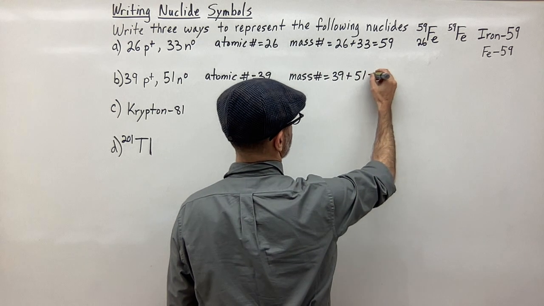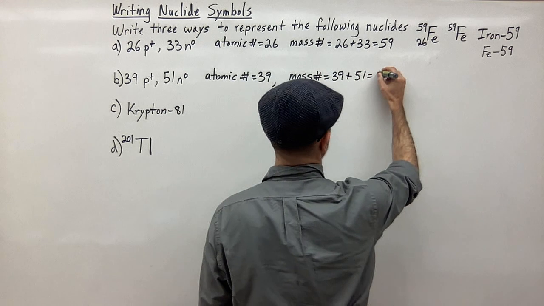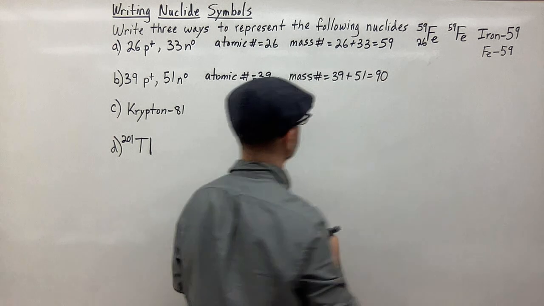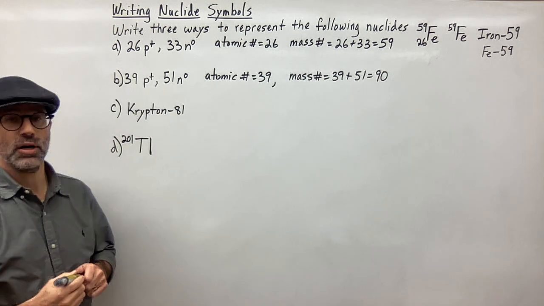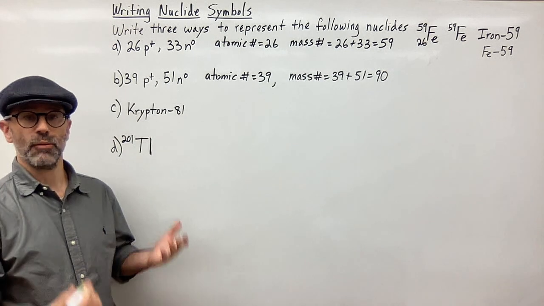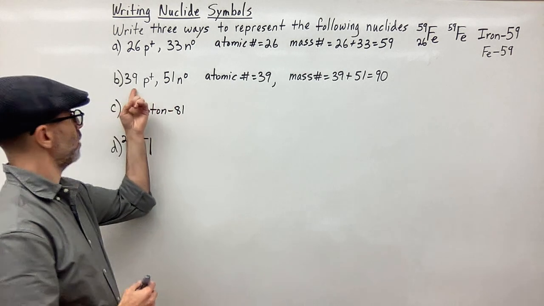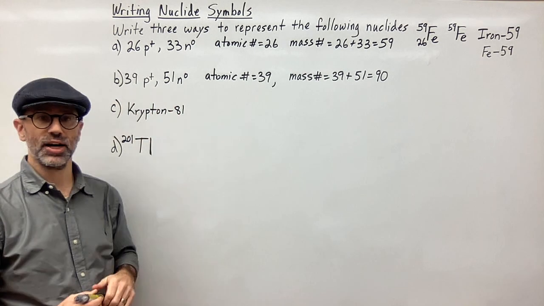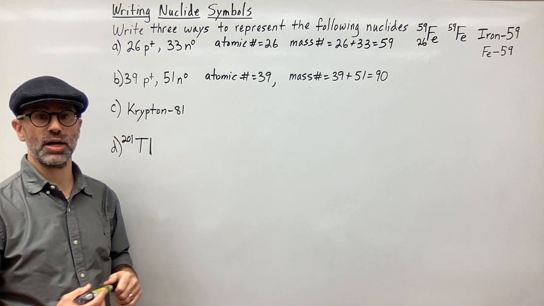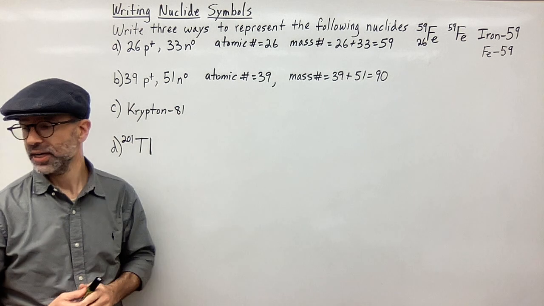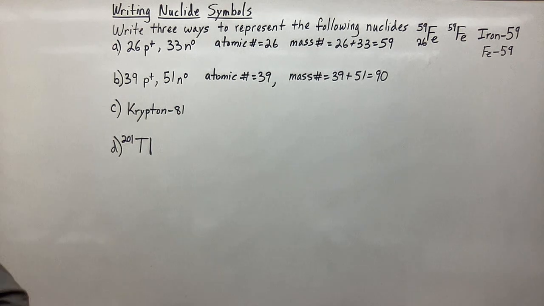And that's going to give us 90. So now we have the mass number, we have the atomic number, now we can write the three symbols. So again, we have to look up the symbol of the element on our periodic table using the atomic number, or the number of protons. And when we do that, we look up number 39, and that is Y, yttrium.